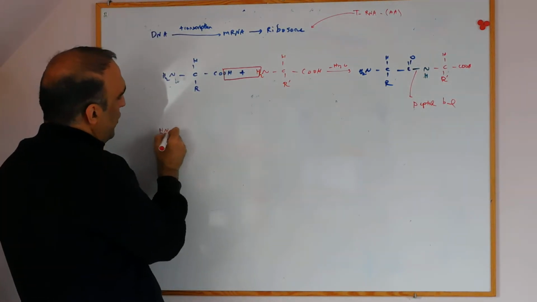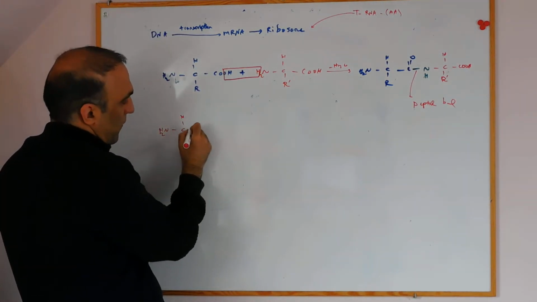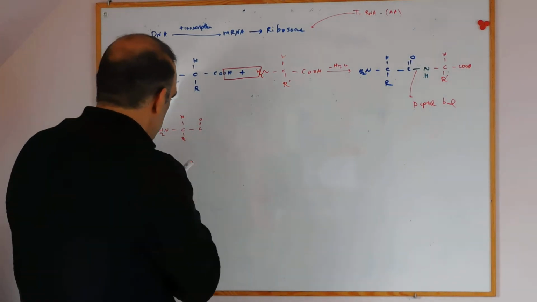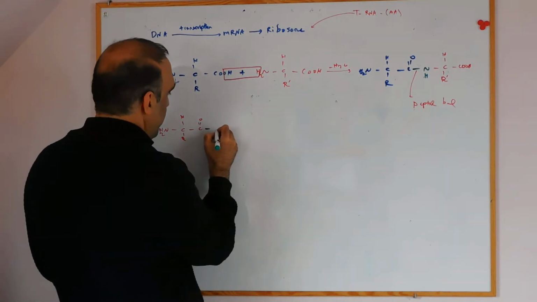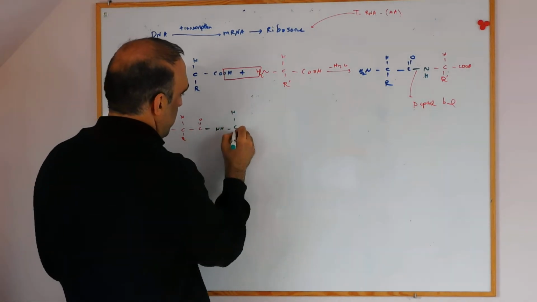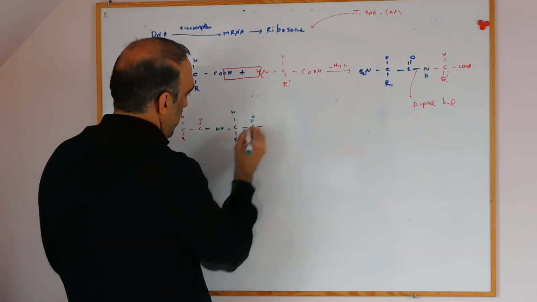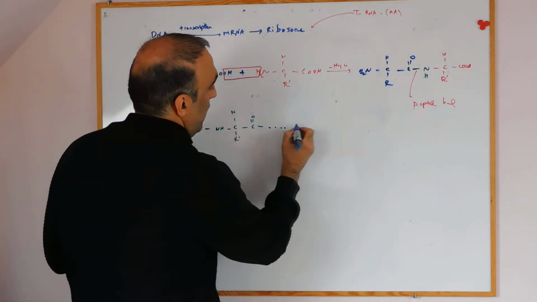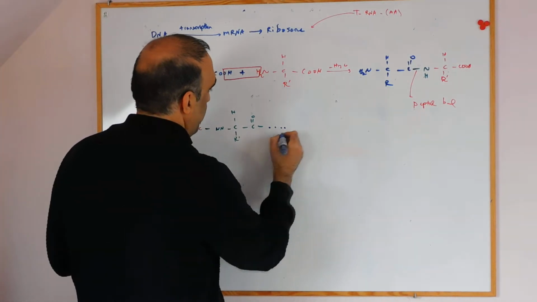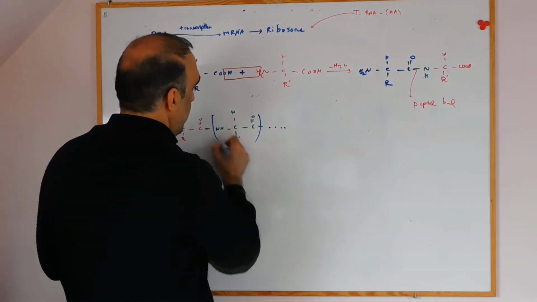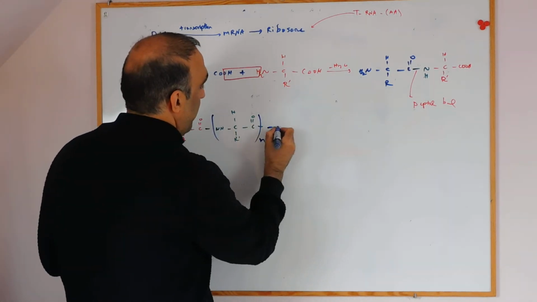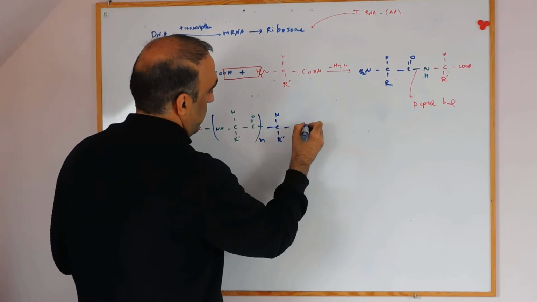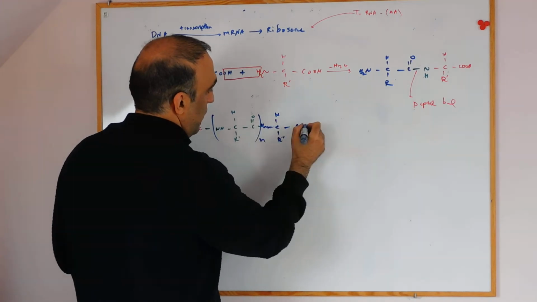We start with the amine group, go to the second amino acid, go to the third one, and continue until the last one. For example, it can be a number, and the last one will be this structure.